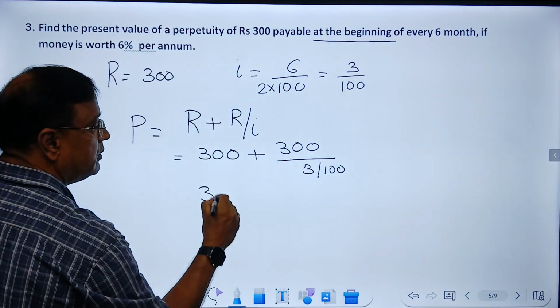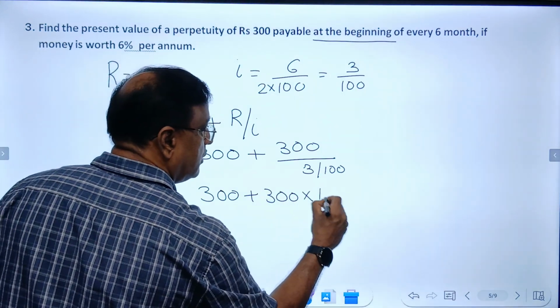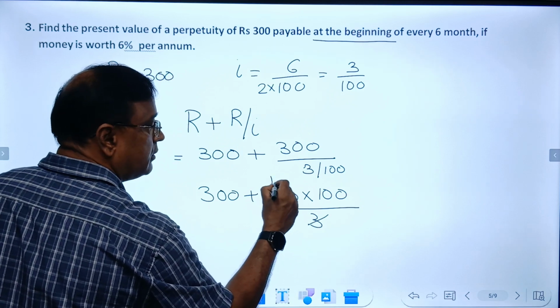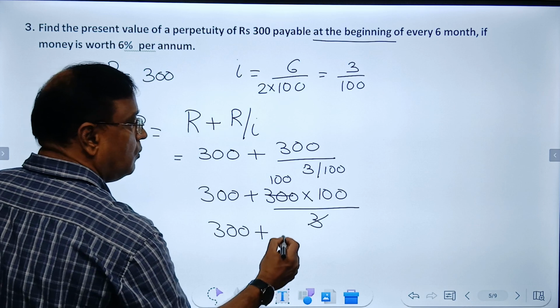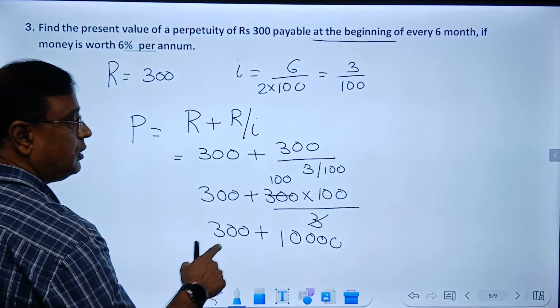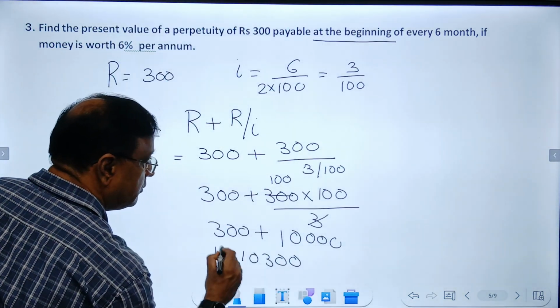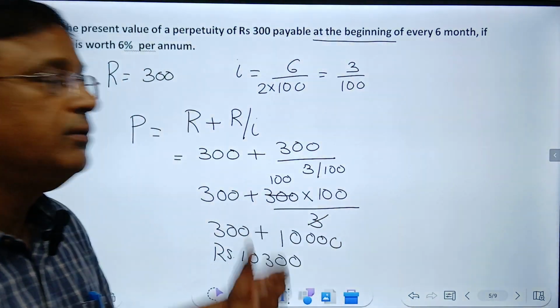So this is 300 plus 300 into 100 by 3. 3 gets cancelled, you get 100 times. So you get 300 plus 1 followed by 4 zeros. Correct? Now if you add them, you get 10,300 rupees. So the present value is 10,300 rupees. So it's very, very simple. Correct?